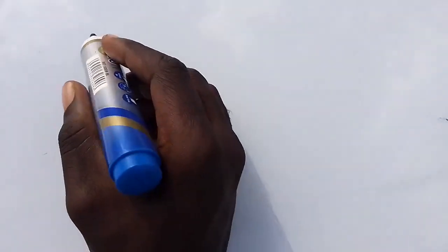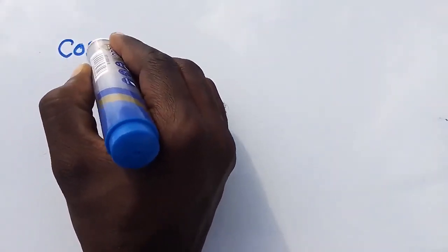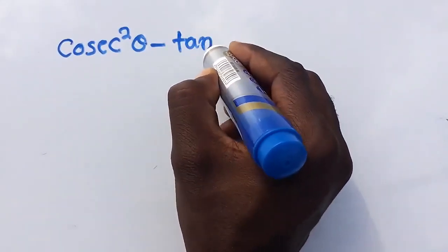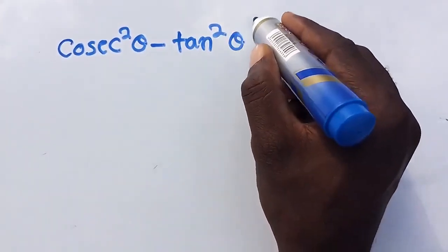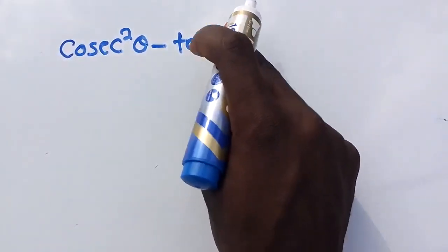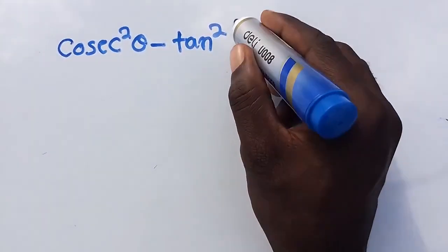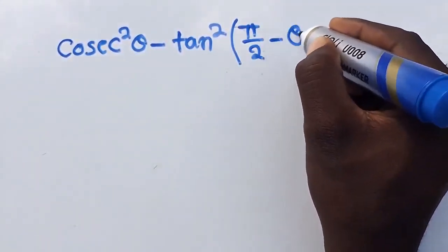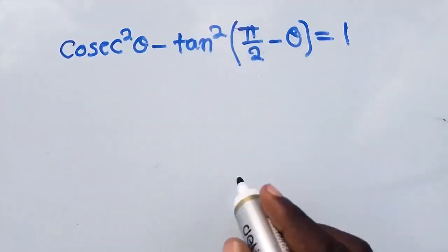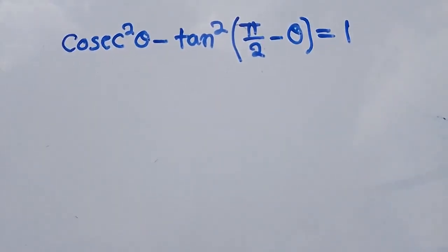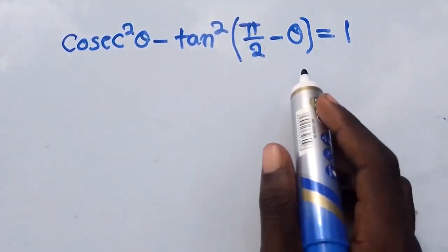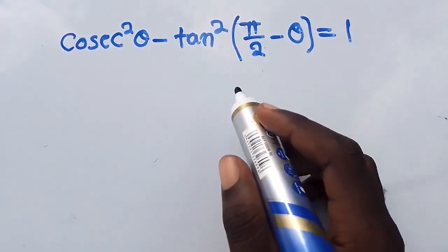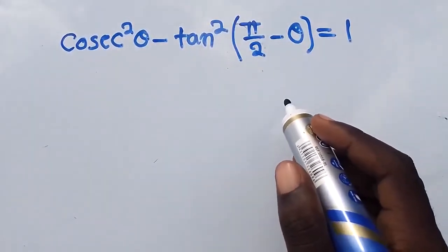The next question is saying cosec squared theta minus tan squared of pi over 2 minus theta is equal to 1. So we want to verify that this one is equal to 1. How can you go about this question?